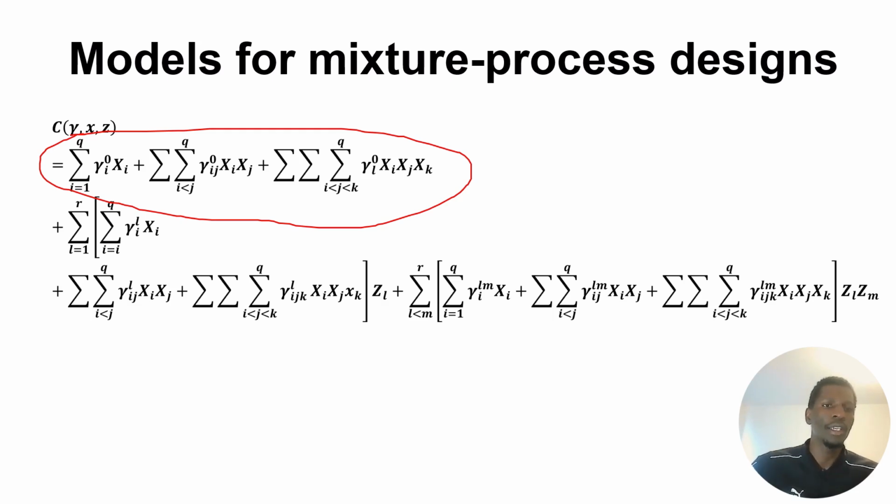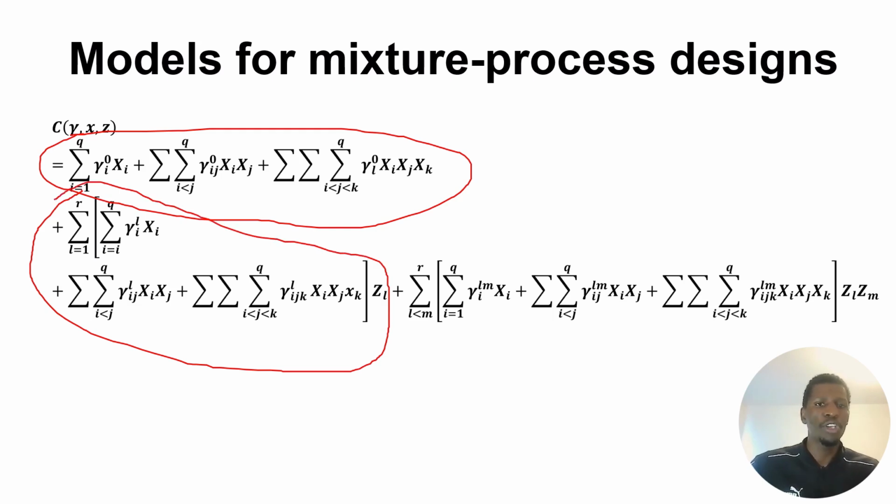So looking at the second series of terms, it tells you the effect of how formulation and the single effect of the processing conditions affect the quality of the overall product.